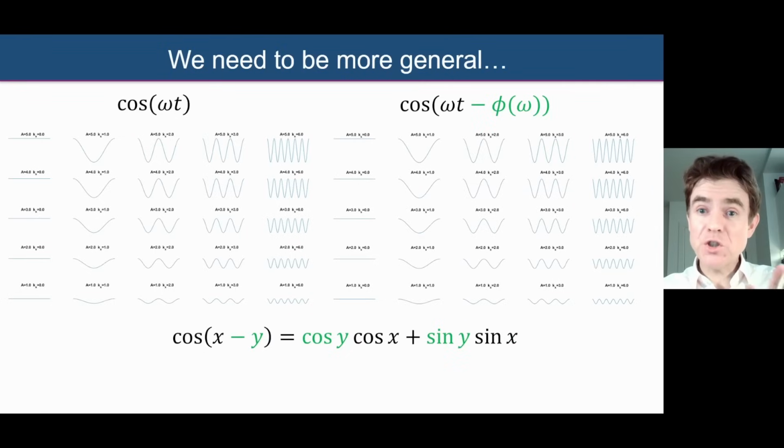So you can get a phase shifted cosine by adding together a sine and a cosine with appropriate coefficients, and that will give you the net result of a shifted cosine.